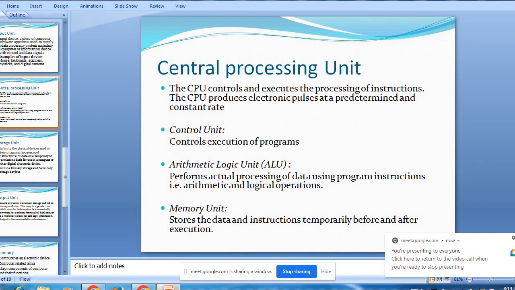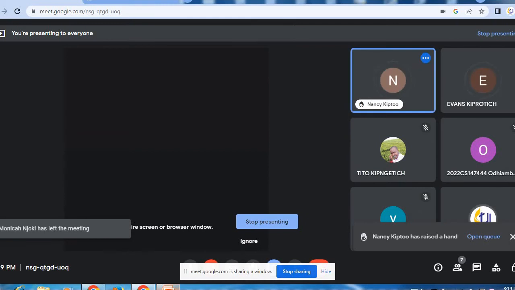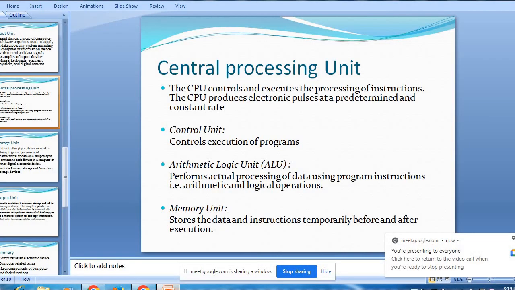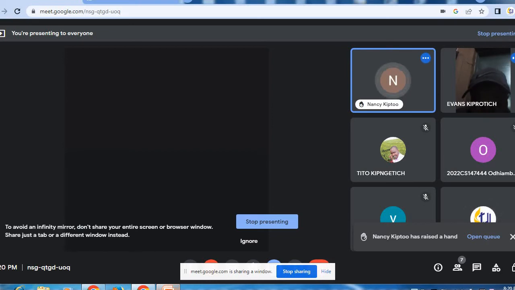We normally refer to this unit as the brain of the computer, where everything happens, and we have subunits inside it. Who can read the subunits of the central processing unit?